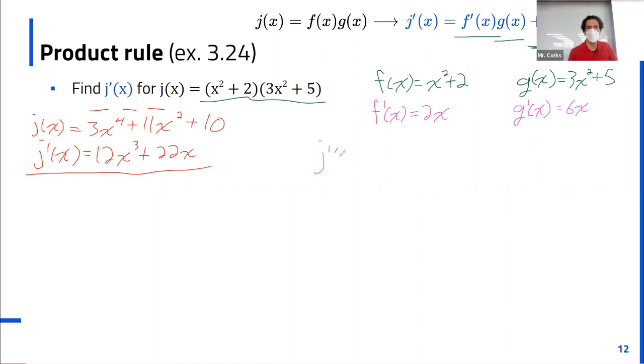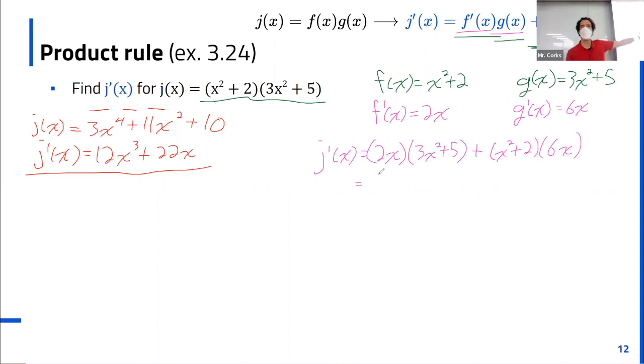So j prime of x would be, we just follow our order here. First the derivative of the first thing, so 2x, times the original of the second part, so 3x squared plus 5, plus the original of the first part, x squared plus 2, and the derivative of the second part, which is 6x.